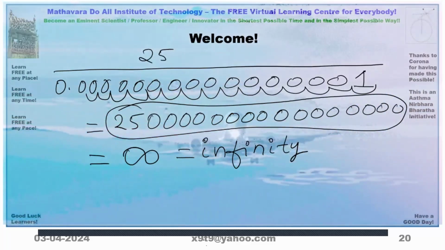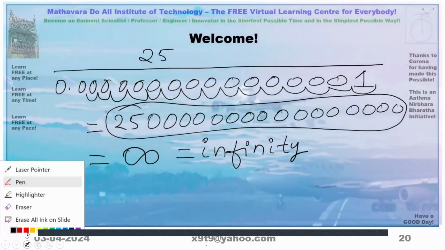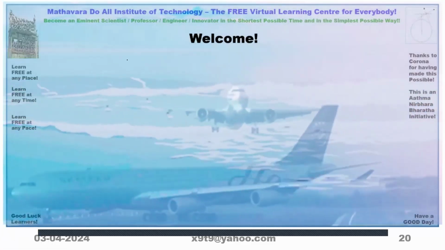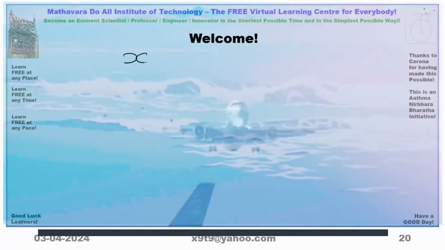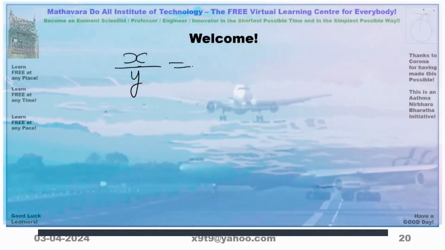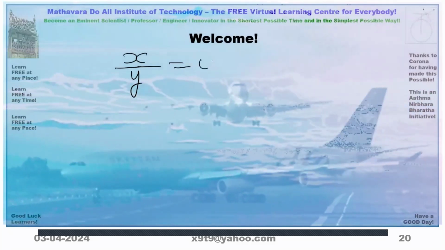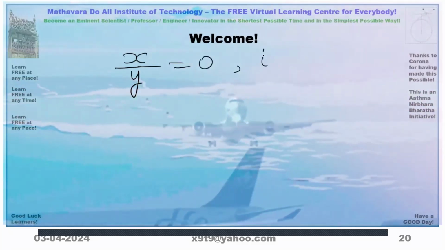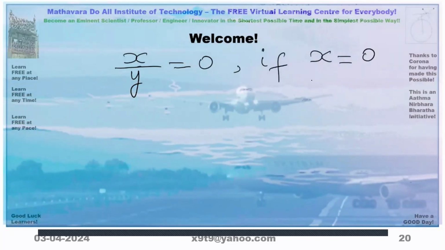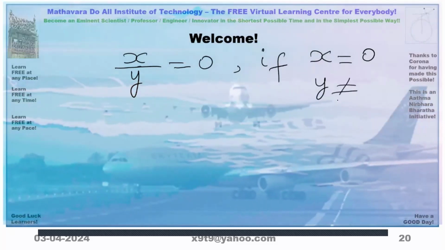So what we have to learn is, see, some number x divided by y is equal to 0 if x is 0, y is not 0.